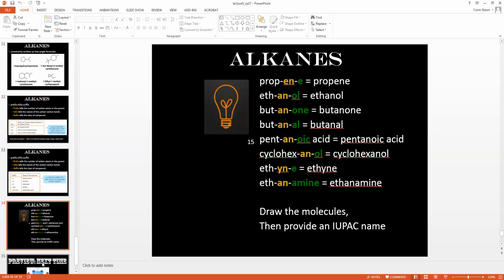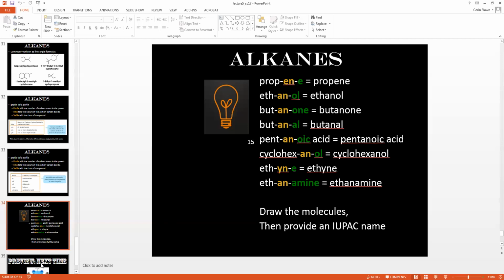Propene, so that's 3 carbons, a double bond, and only carbons and hydrogens. Ethanol is 2 carbons, only single bonds, and there's an alcohol. Butanone is 4 carbons, single bonds, and a ketone, whereas butanal is 4 carbons, single bonds, and an aldehyde.